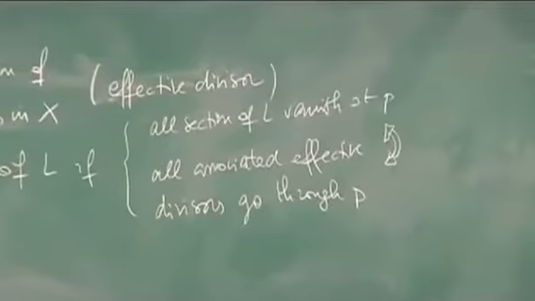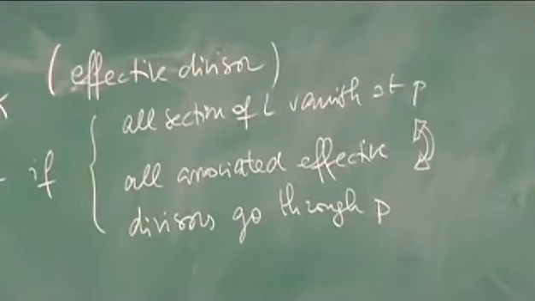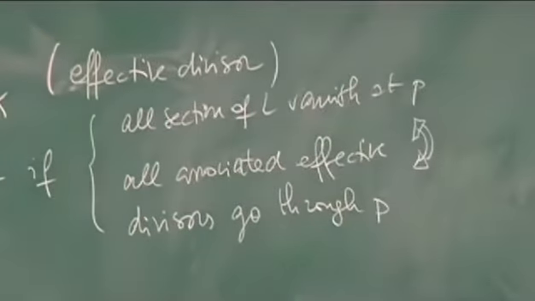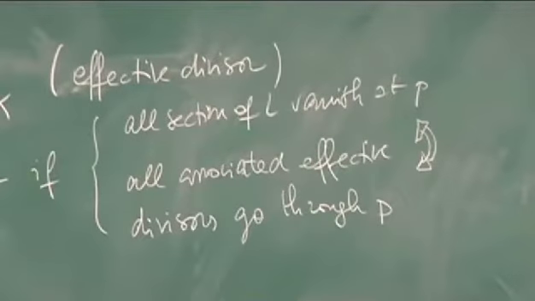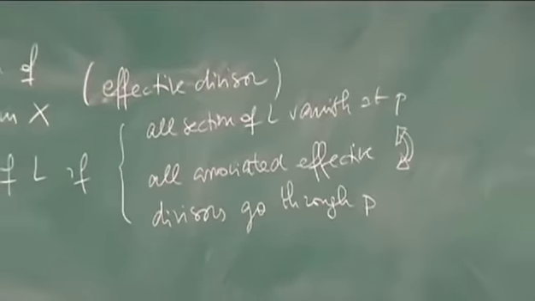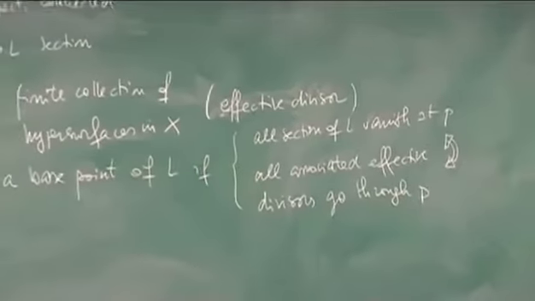Because these divisors are exactly given by the zeros of a section. So we say that a point P is a base point of this line bundle if all sections vanish at P, or if all associated effective divisors go through that point.